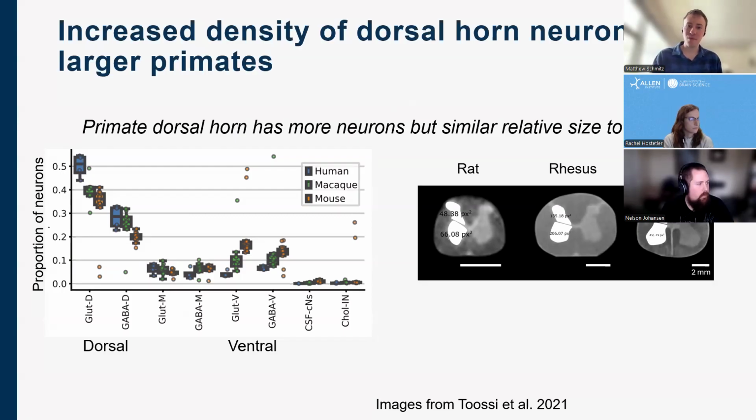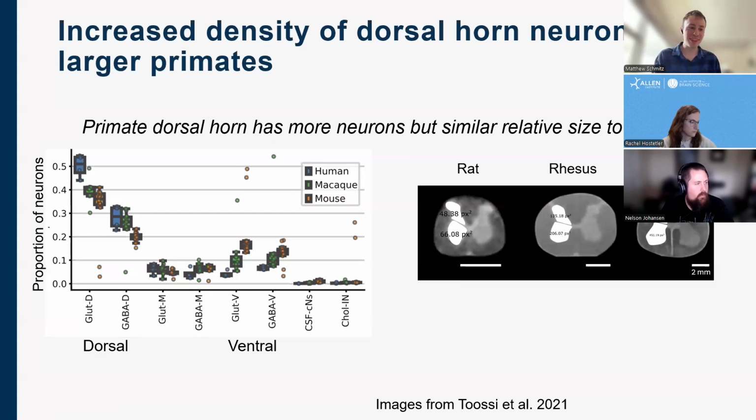And interestingly, if you just look at the area of the dorsal horn compared to the ventral horn, it doesn't really reflect that. So it seems like there's just an increased density in the dorsal horn of human and macaque.